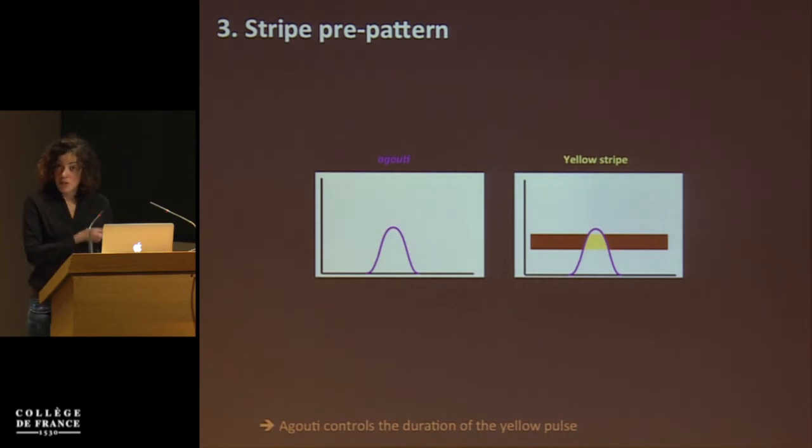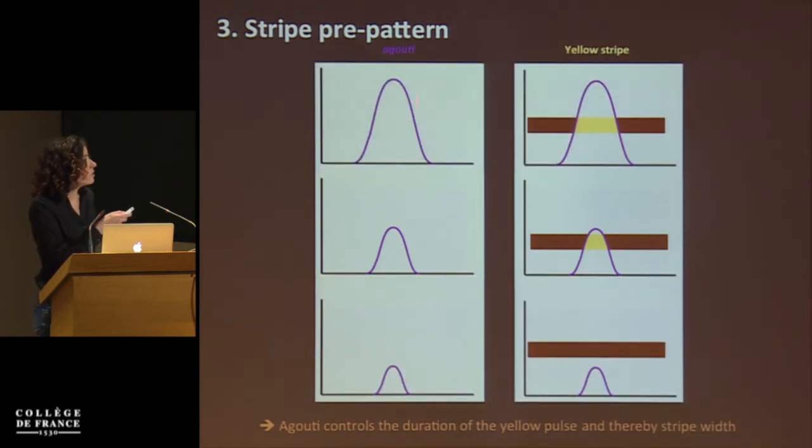Now, if we increase levels of agouti expression, at that same threshold, we will have a longer pulse of yellow production and thus a wider stripe. And on the contrary, if we decrease that expression at that same threshold, we'll have a thinner stripe or no stripe at all. So we think this is the way this is working in these quails, showing that agouti controls the width of the stripes.